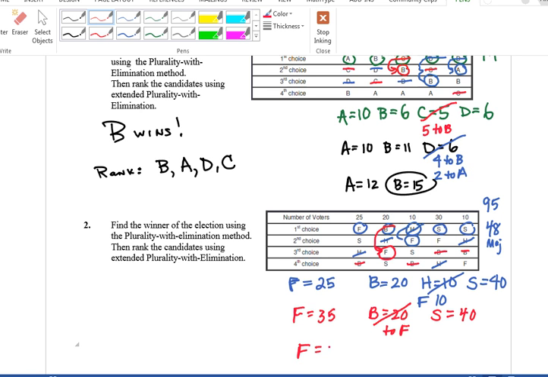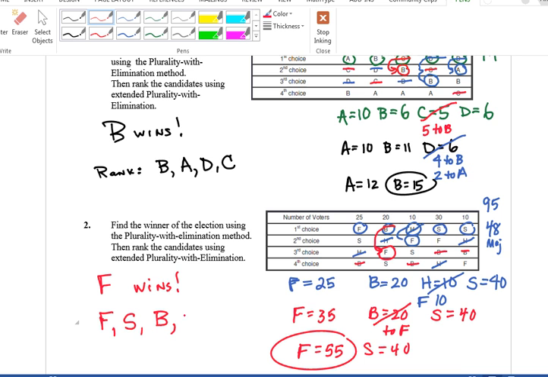That gives F 55 and S 40. Making F the winner. F is our winner here. And we would rank F, and then S, and then B, and then H.